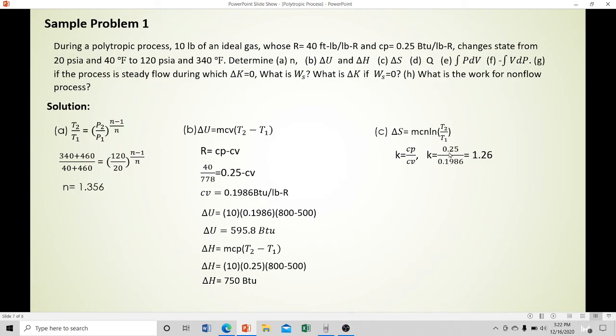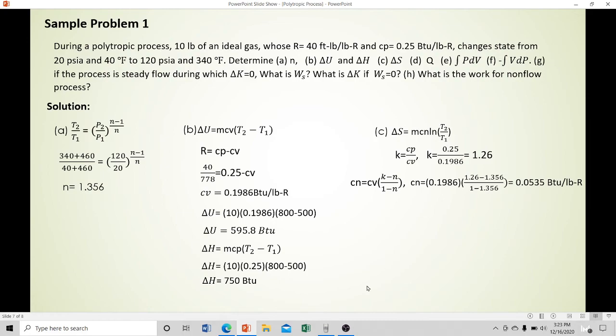So we have CP 0.25 and CV 0.1986, so K, the specific heat ratio, is 1.26. Also, we can get the value of Cn by using K and n. So we have n 1.356 and K is 1.26.